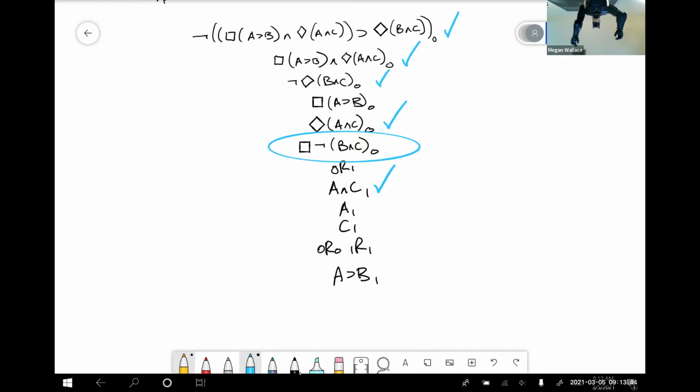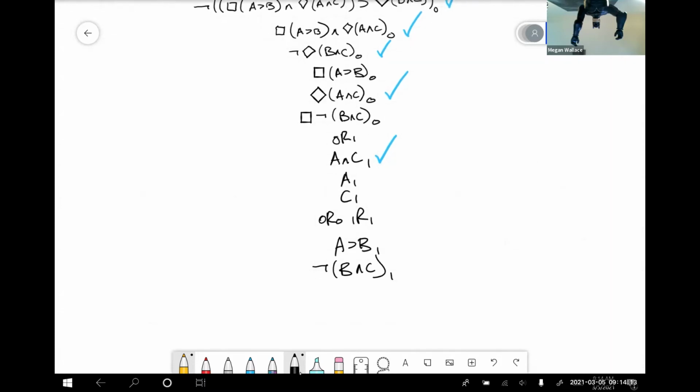But if we can get a contradiction before we produce that statement, then we can close our tableau before we have to extract that. So that's what I'm going to do. From our necessarily not B and C at 0, I am going to get that it's not the case that B and C at 1, because the necessity claim is at 0, and 0 is related to 1.